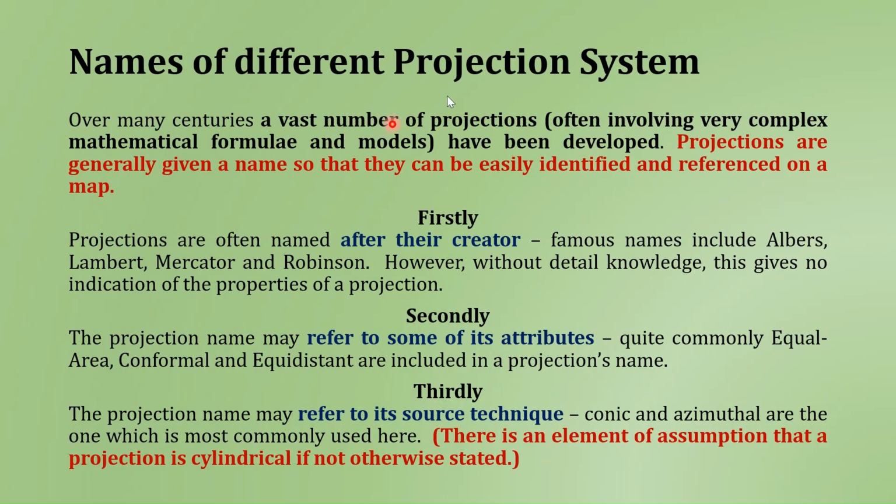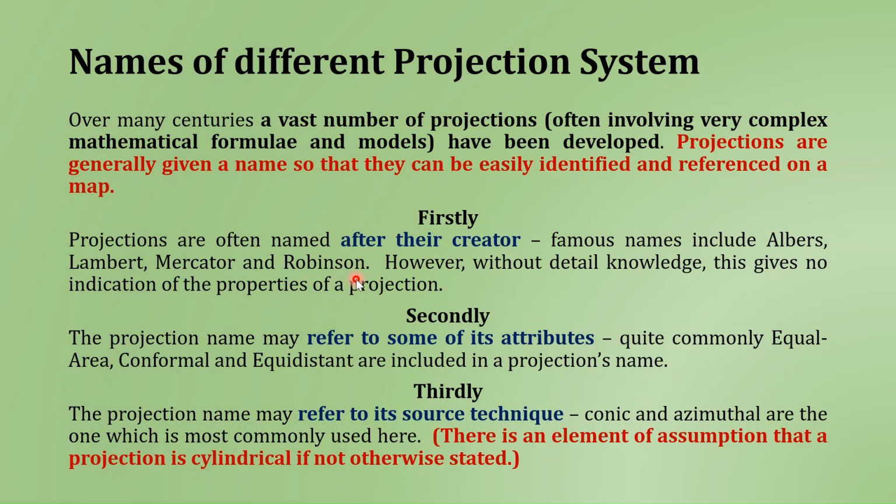A vast number of projections have been developed which involve complex mathematical formulas and models, and these projections are given a name so that they can be easily identified and referenced on a map. Firstly, these projections are often named after their creator. For example, famous names include Albers, Lambert, Mercator and Robinson.